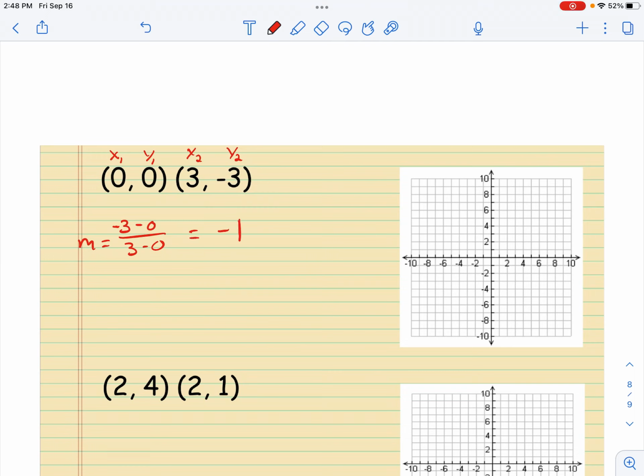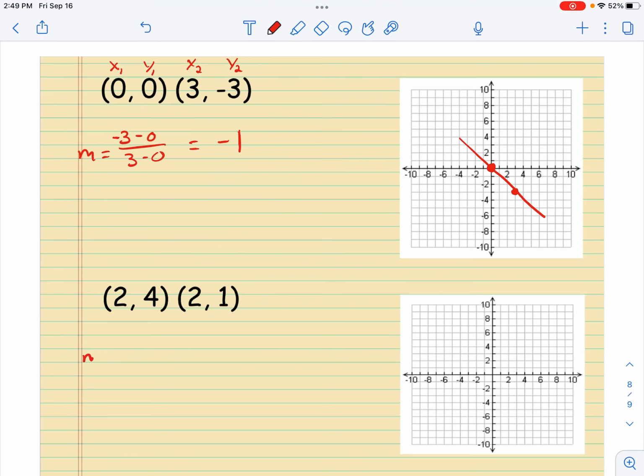So this one is going to be decreasing. Okay, we know that the origin right here is where our 0, 0 is. And then go to the right 3, down 3. And you'll notice that it is, in fact, going down as you go right. And so therefore it's negative.